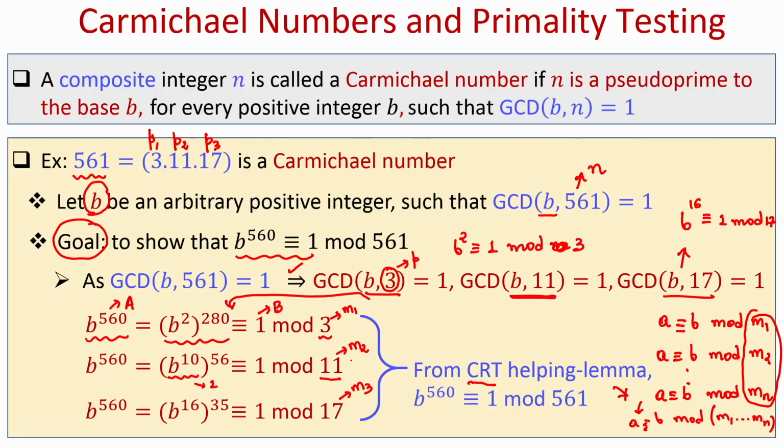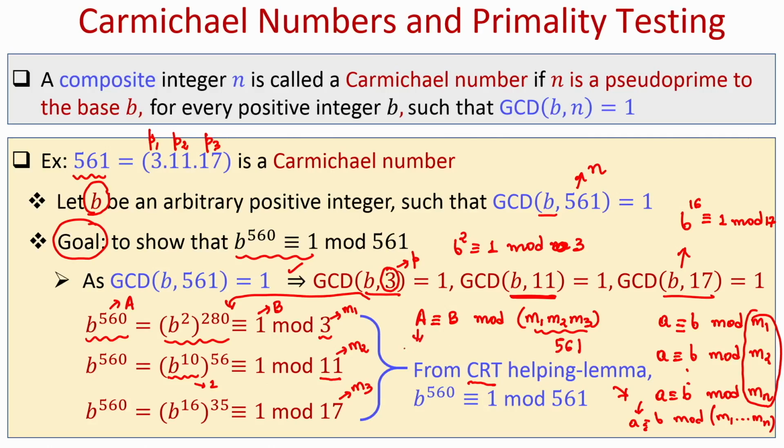So, A is congruent to B modulo m1, A is congruent to B modulo m2, A is congruent to B modulo m3, and hence I can say that A is congruent to B modulo the product of m1, m2, m3. The product of m1, m2, m3 is nothing but 561.